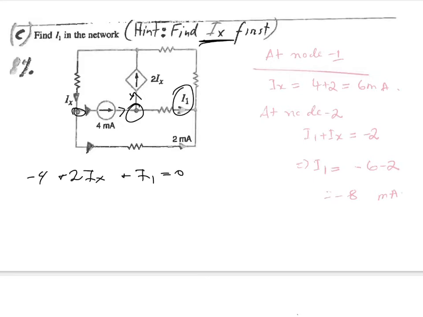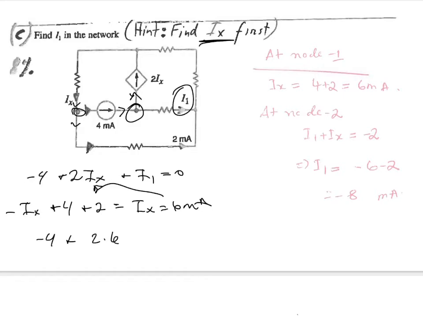Flowing into it is -Ix, out of it is +4. This branch here is going to be +2. This is Ix is equal to 6 mA. So plugging it back up here, -4 plus 2 times 6 plus I1 equals 0, and this would give us I1 equals -8 mA.